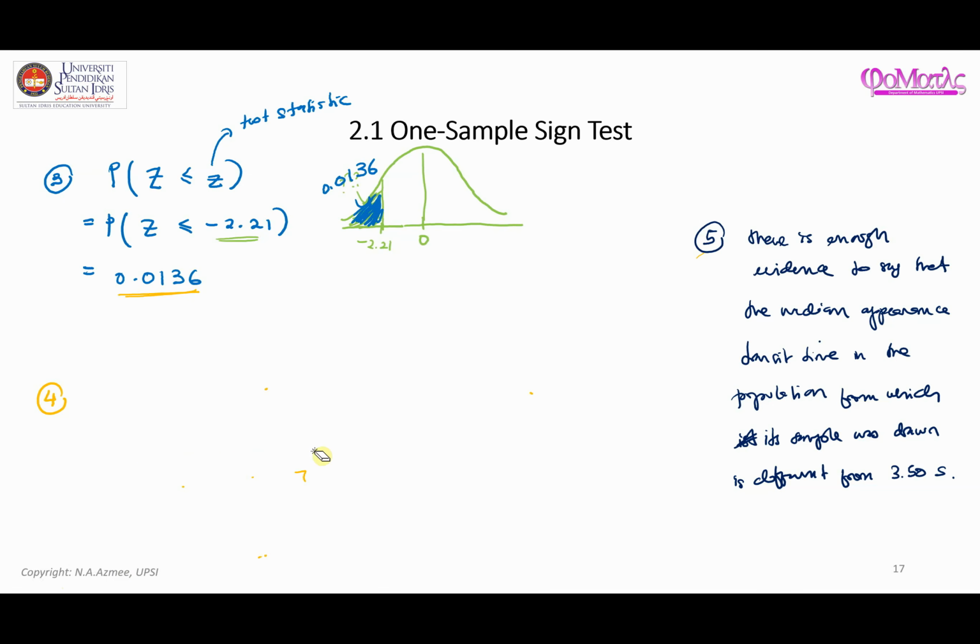Okay, so for the traditional approach, you are going to compare your test statistic with the critical value. So again, in the traditional approach, the comparison is based on test statistic versus critical value.